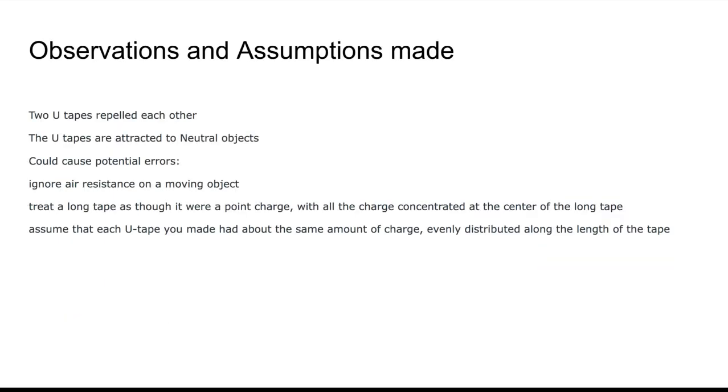Some of the observations and assumptions that were made were: two U-tapes repelled each other, and two U-tapes are attracted to neutral objects. And some assumptions that were made, which could cause potential errors, are ignoring air resistance on a moving object, treating a long tape as though it were a point charge, with all the charge concentrated at the center of the long tape.